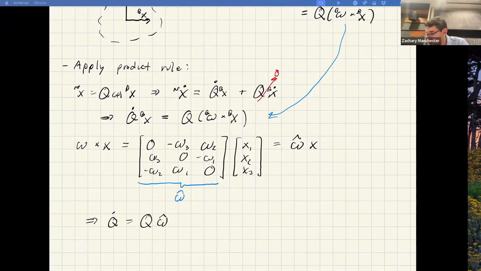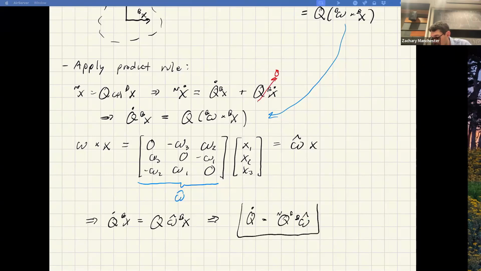Yeah, basically let me write this out slightly more explicitly. So I've got q dot times xb from up above equals now q times omega hat times xb. And for this to be true for any xb, we have that q dot equals q, to be very explicit about the frames now, b to n times omega in the B frame.